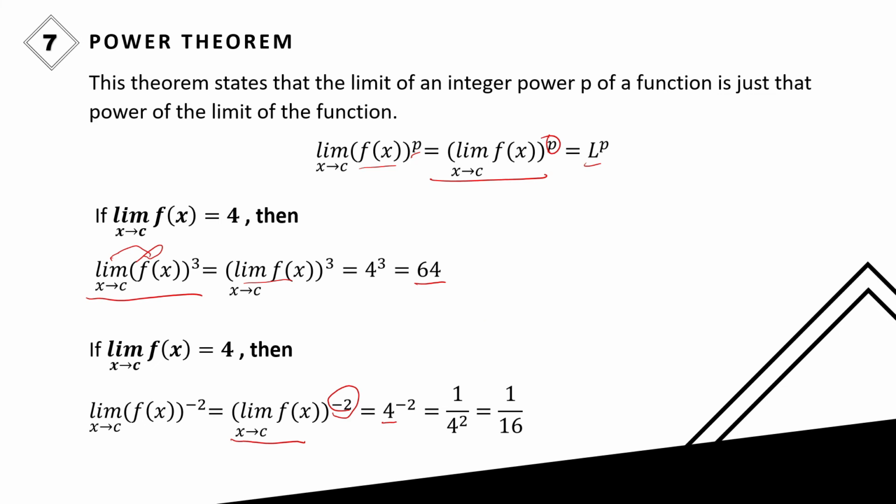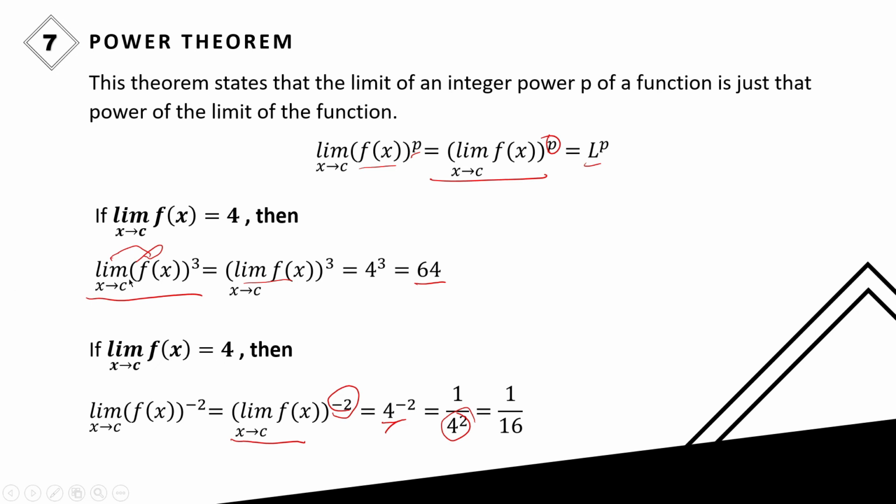Since we have a negative exponent, kukunin natin yung reciprocal ng term natin, which is 4 raised to negative 2. So, reciprocal niya, ilalagay natin sa denominator, kaya magiging positive. So, we have 1 all over 4 squared, which is also equal to 1 over 16. So, that is the process kapag meron tayong negative exponent. Kailangan natin gawin siyang positive exponent. So, i-reciprocate lang natin yung ating term. Ayan.